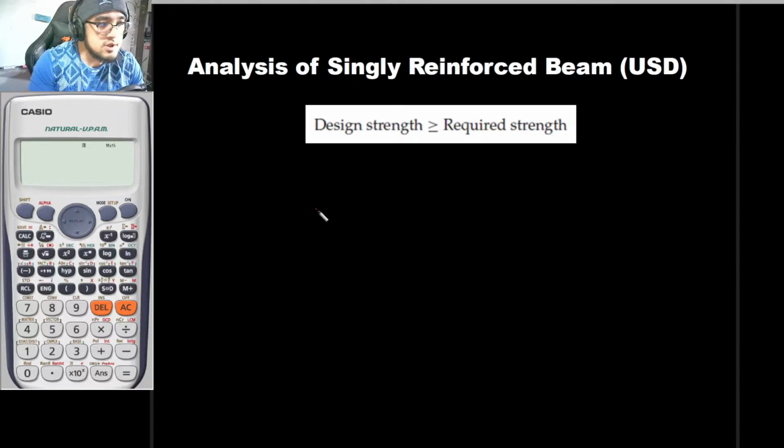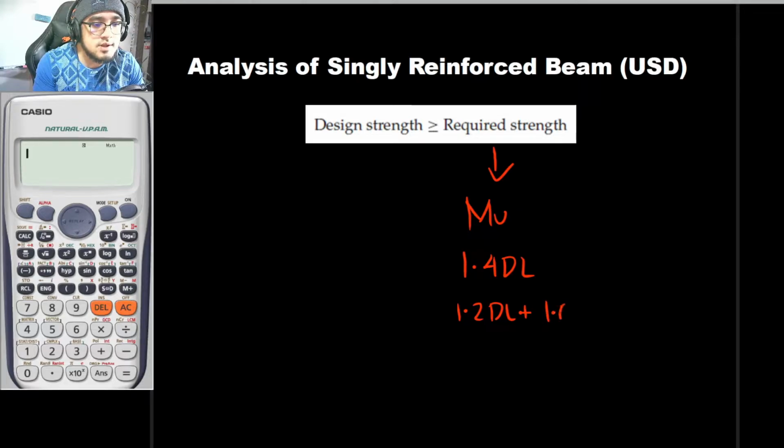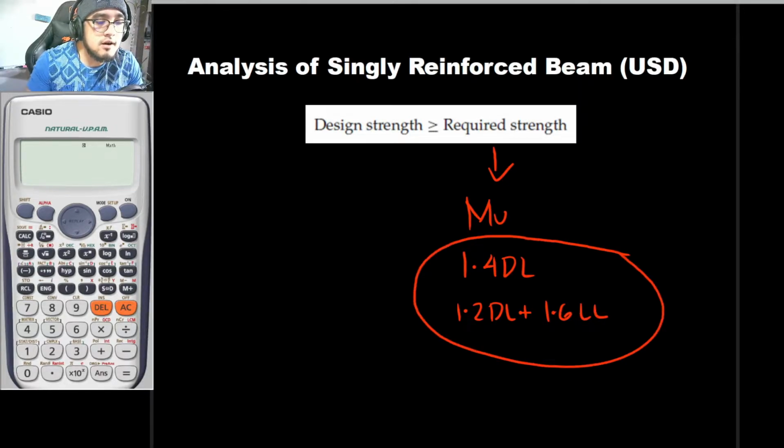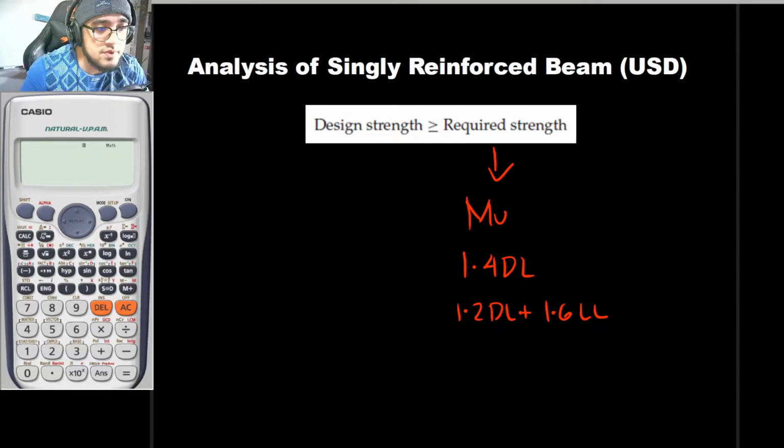The required strength is basically your Mu, and your Mu can be solved using the simplified method, multiplied by the load factor. This can be 1.4 dead load, or 1.2 dead load plus 1.6 live load, and so on. All of these load combinations are in the National Structural Code of the Philippines. So that is for the required strength.